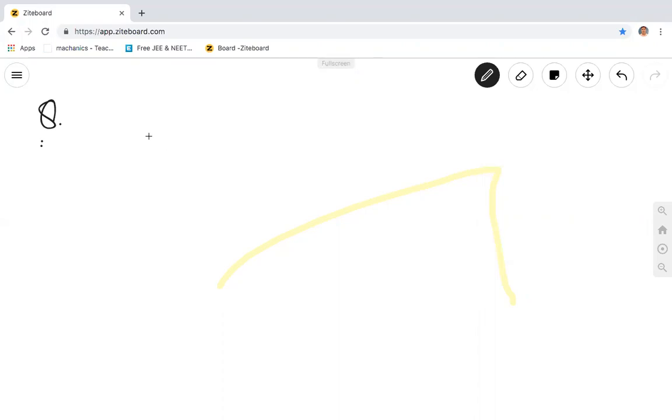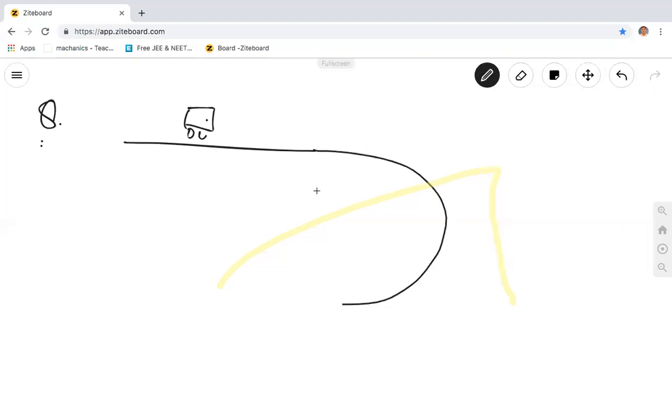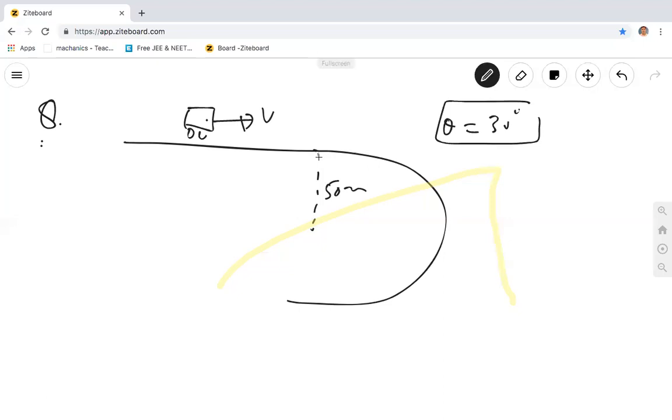A vehicle goes on a road and it has a turn of radius 50 meters, and banking angle theta is equal to 30 degrees. What should be the speed so that it negotiates this curve of this radius with a banking of 30 degrees?